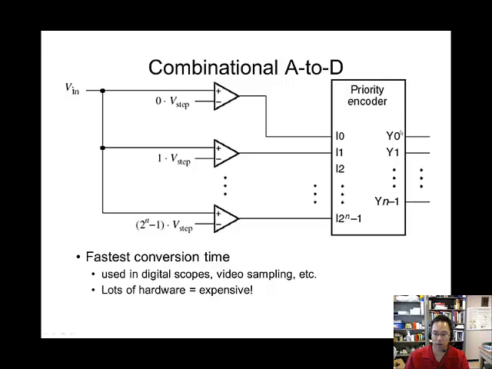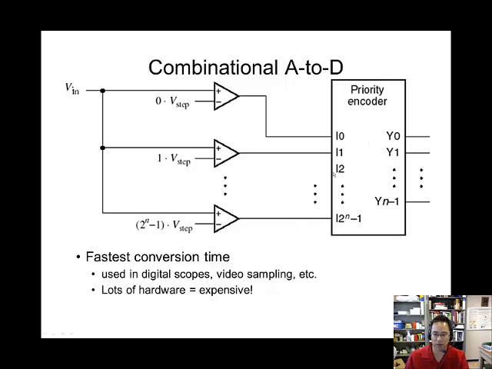using this priority encoder. What the priority encoder does is that only one of these comparators is going to be on, and it's going to create a binary vector. So if this is the V step, and this is the highest voltage, and this is, let's say, 10-bit where n equals 10, then this will be a 1 up here and all zeros down here, and the priority encoder will make the output all 1s, indicating that's the highest value.